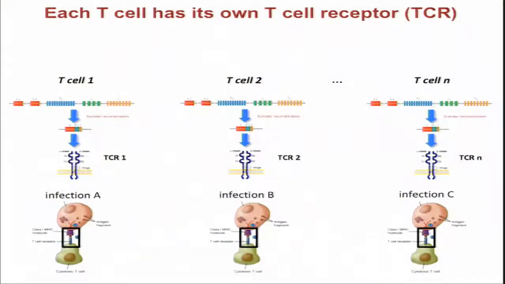I won't go into how that is done, but basically you have many, many T cells throughout the body, and each one has its own T cell receptor. That way, when you have any different type of infection, each T cell with its own T cell receptor can then recognize such an infection and remove whatever invades the body.